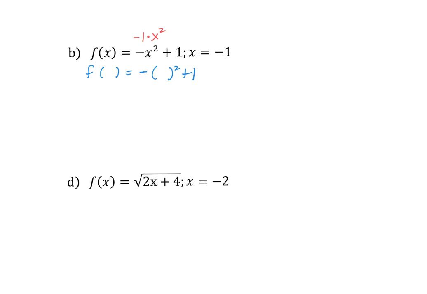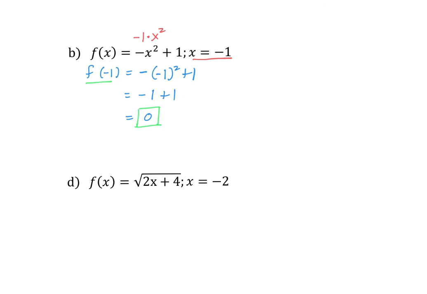This time when we put in -1 for x, it's going to be f of -1 is -1 squared. So the negative stays, and -1 squared is +1. In this case, f of -1 is 0.